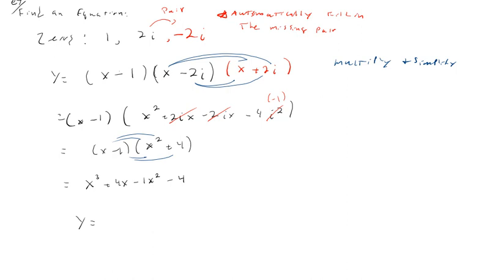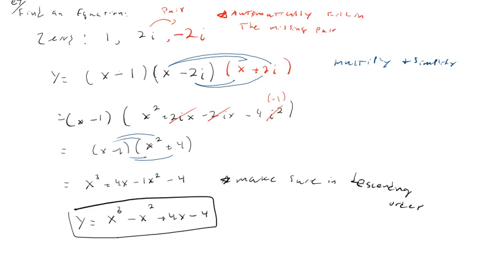So x to the third power is first, and then I have minus x squared, and then plus 4x, and then minus 4. And so this is the equation that has the zeros of 1, and then 2i and minus 2i. This equation, x cubed minus x squared plus 4x minus 4, has these zeros. Okay?